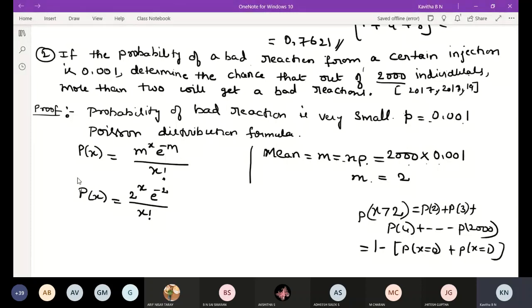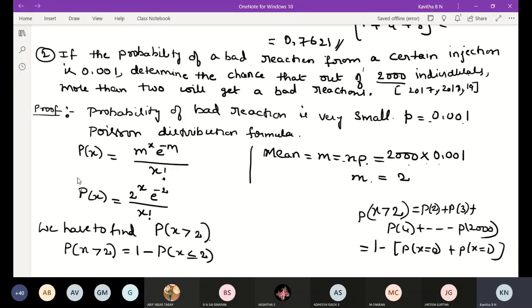P of x is equal to 1. Then write down here, we have to find P of x is greater than 2. P of x greater than 2 is 1 minus P of x less than or equal to 2.